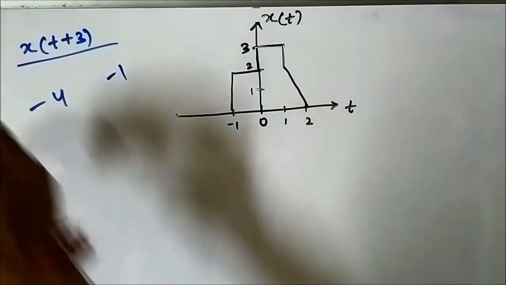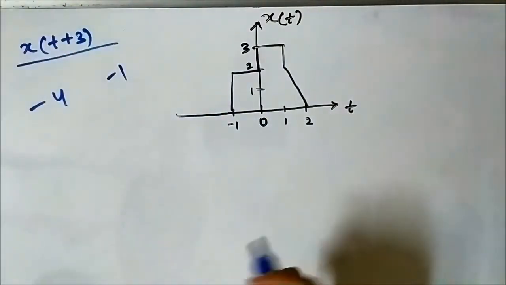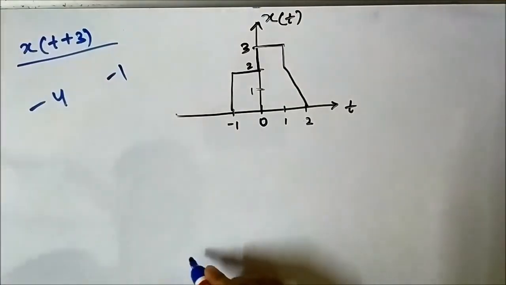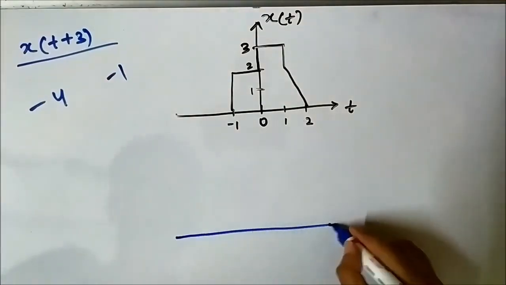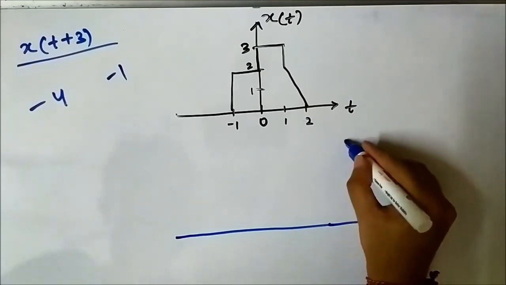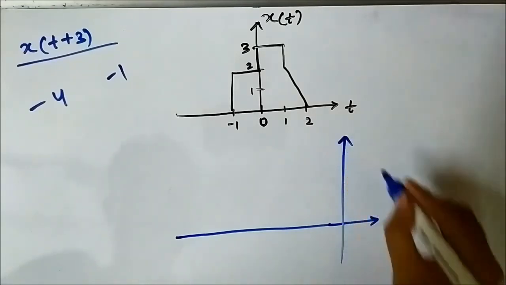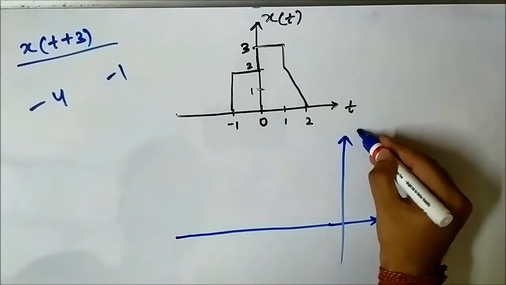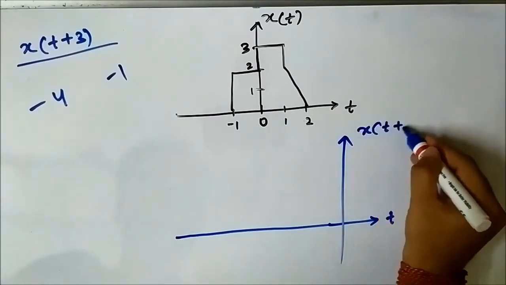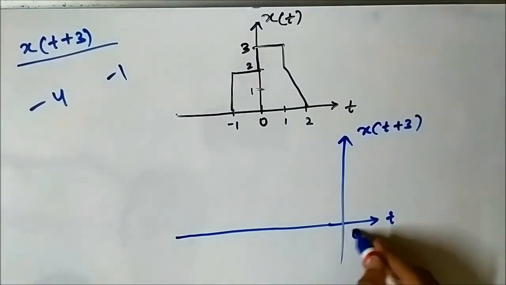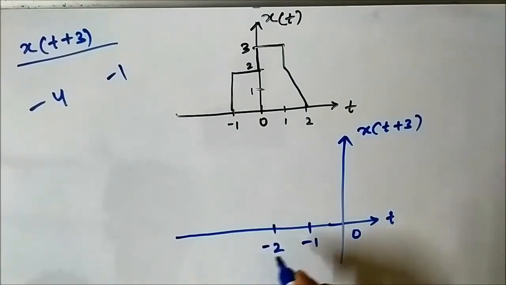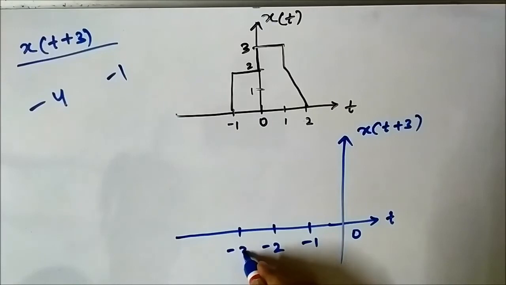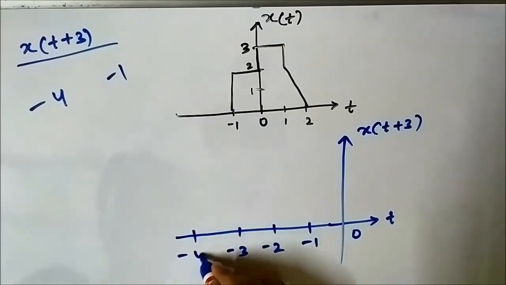So let us do the shifting. It is all in the negative axis. So this is x(t plus 3), 0, -1, -2, -3, -4.